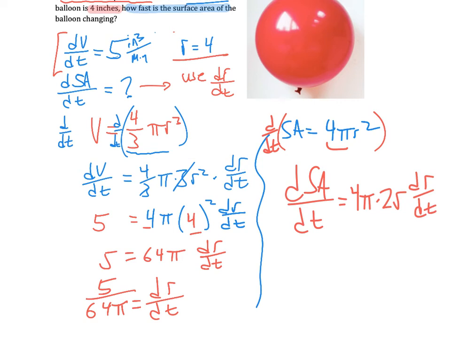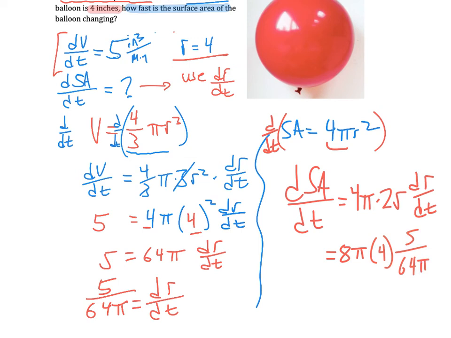Doing that implicitly, we have 8 pi r. And what is r in this case, at this moment in time? It's 4. And dr/dt, what is that? That's 5 over 64 pi.